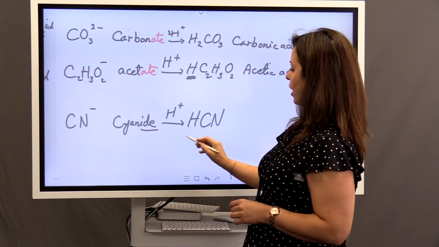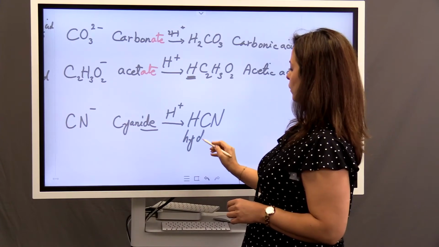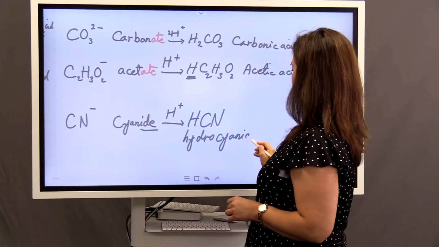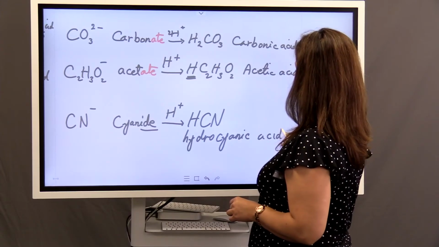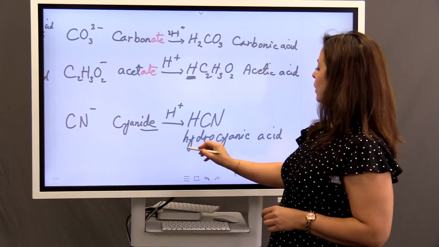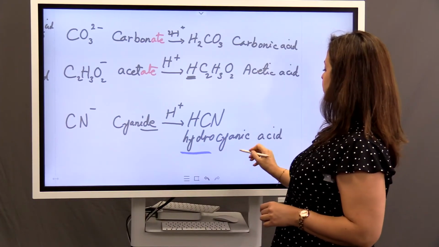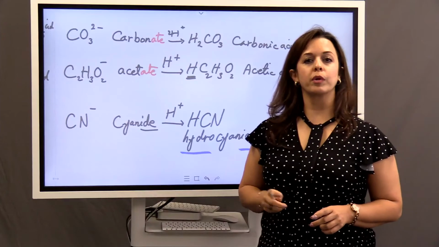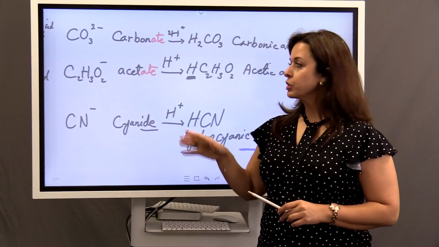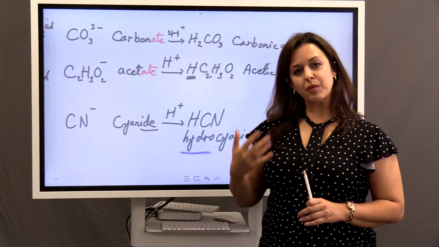So you will have hydrocyanic acid. Because your anion ended in IDE, the name for the acid will follow the naming of binary acids. So this is the end of naming compounds.